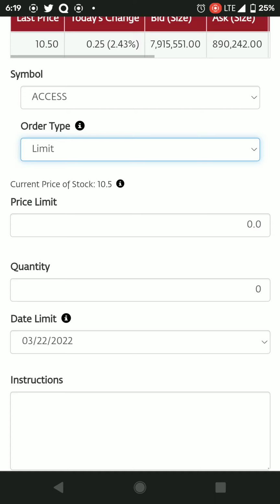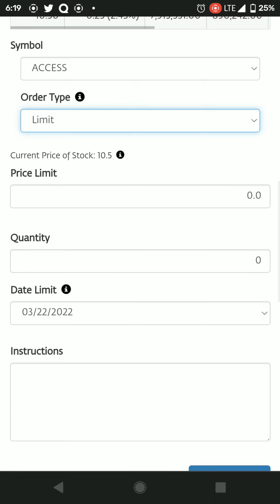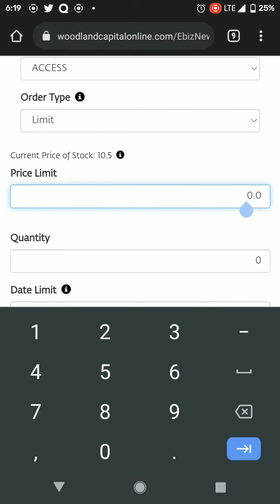Usually people do this because of an anticipation that the current price of a stock will not hold in the next few days or in the next few weeks, as the case may be. The point is that they are anticipating that this price will drop from 10.5 to 8 naira, 7 naira, whatsoever, and then they go ahead and place a limit order. So to place a limit order, you have to clear all the zeros here.